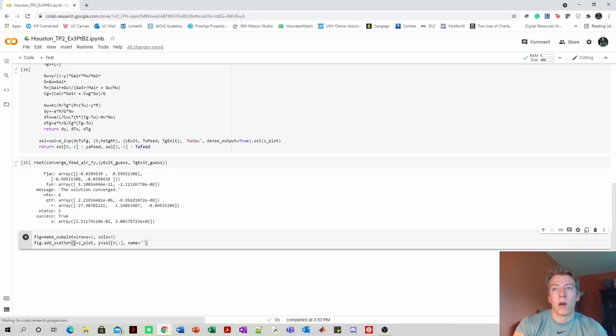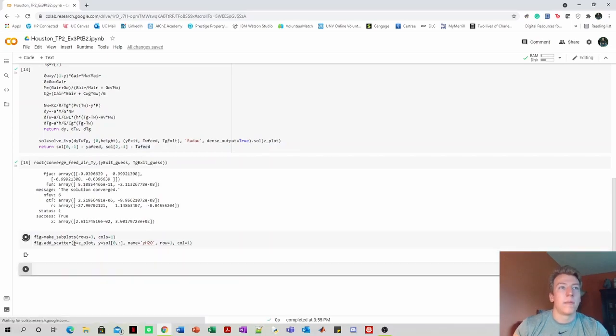The first one, we'll just do the mole fraction of water, so H2O, and then define which row and column we want. So row is equal to 1, comma, column is equal to 1 as well, and that should be good for that.